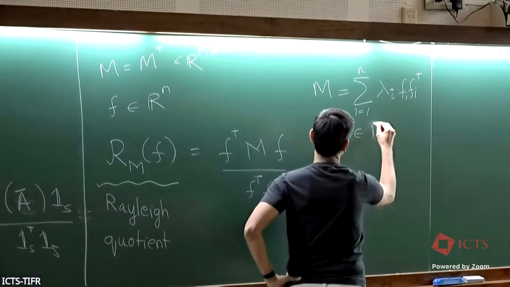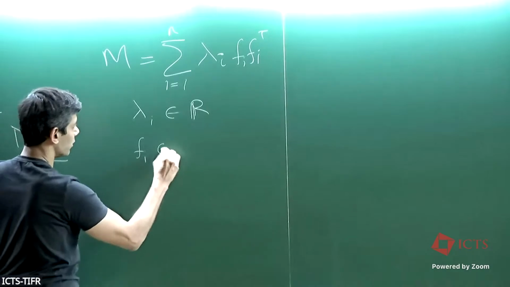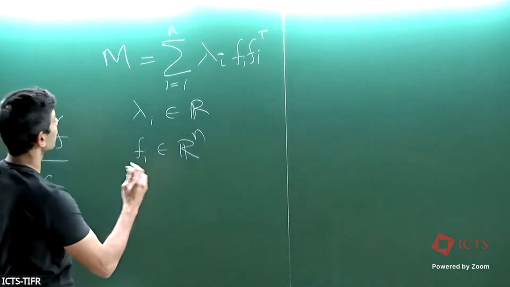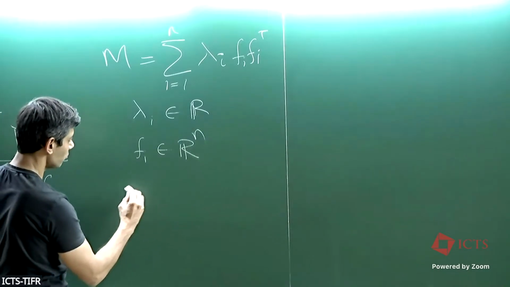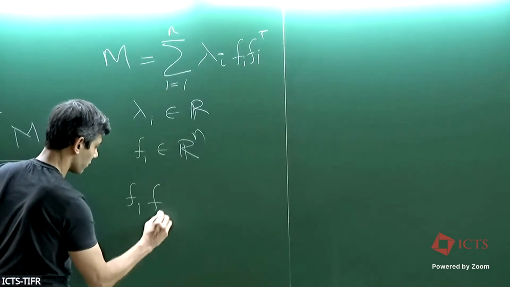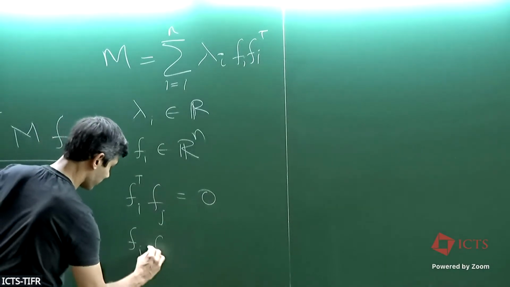The lambda i's are real numbers. These f i's are vectors in R^n, and they are orthogonal to each other, and also of length 1.